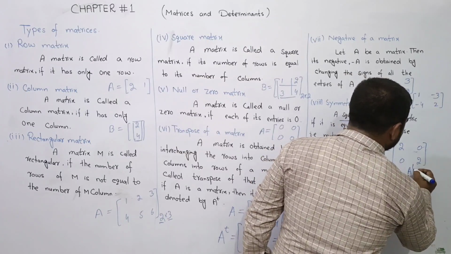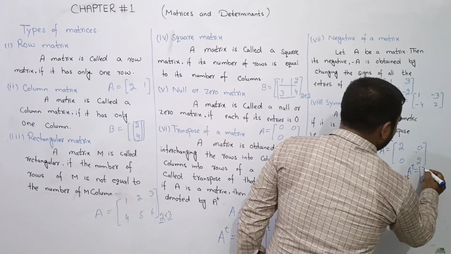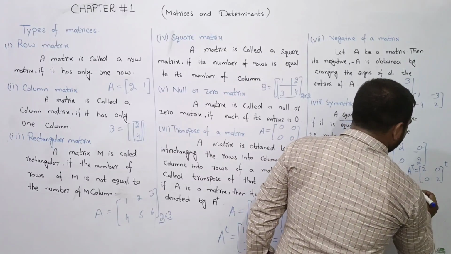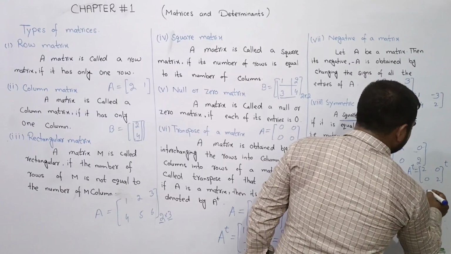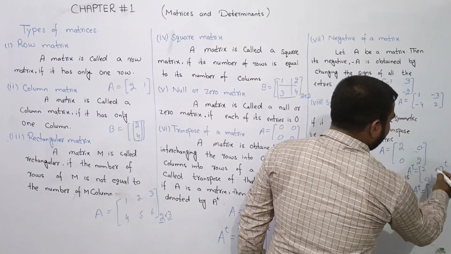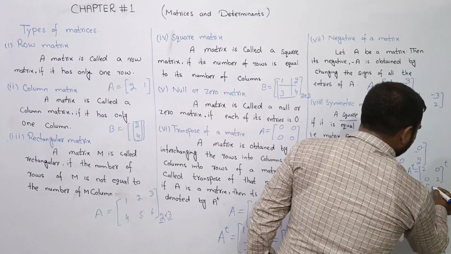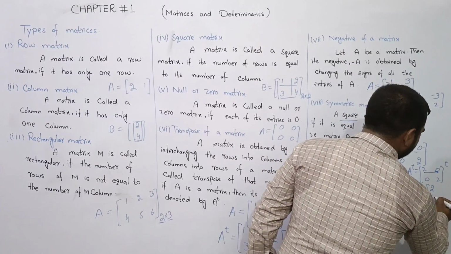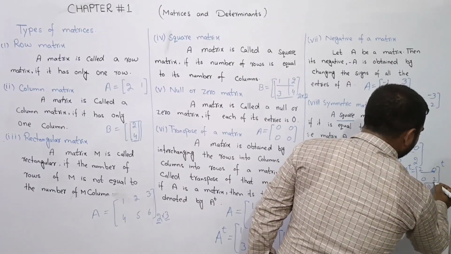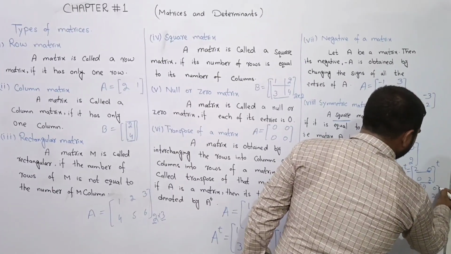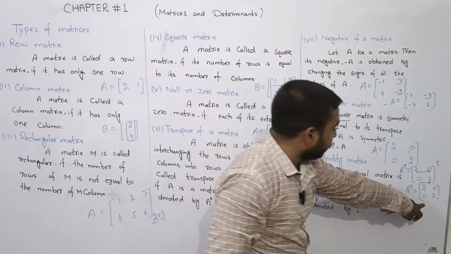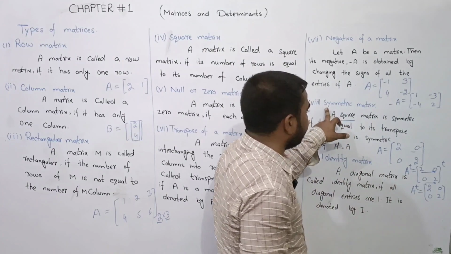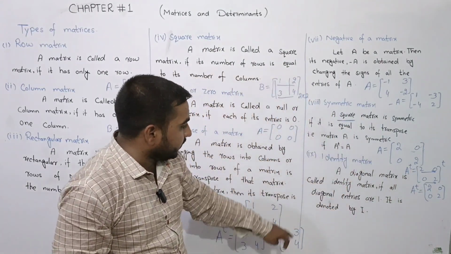Then we take the transpose, 2, 0, 0, 2. A transpose is obtained by changing the rows into columns. This row we change into column 2 and 0. The other row changes into column. Then this is equal to A. That is why this type of matrix is known as the symmetric matrix.